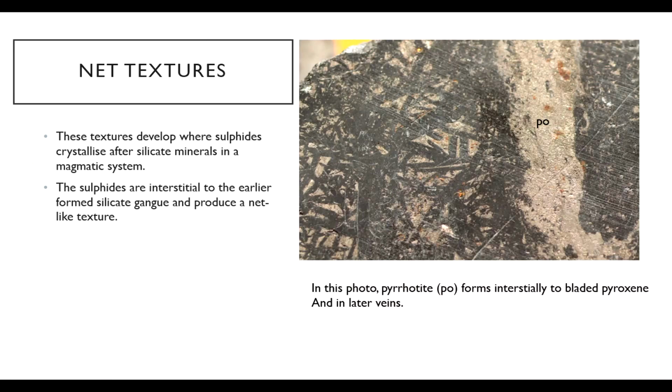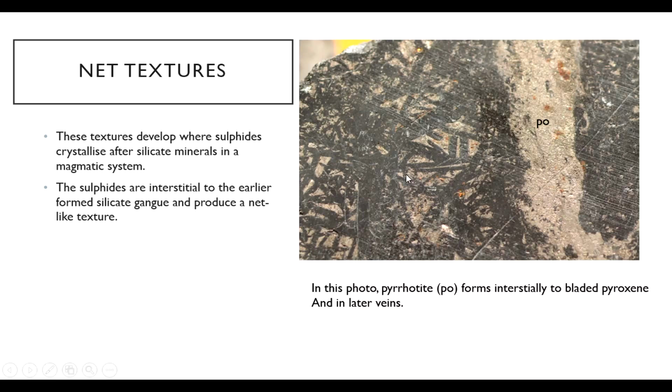We might get net textures. It's quite impressive. This is usually during crystallization from a silicate out of a magma, and the sulfides might be interstitial.